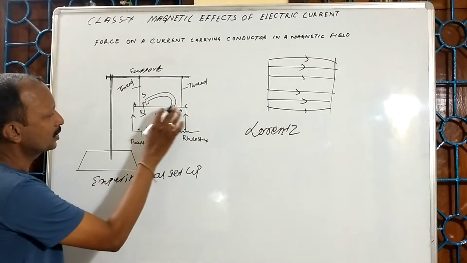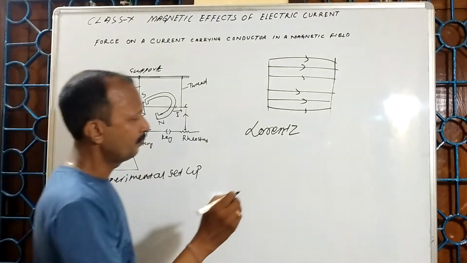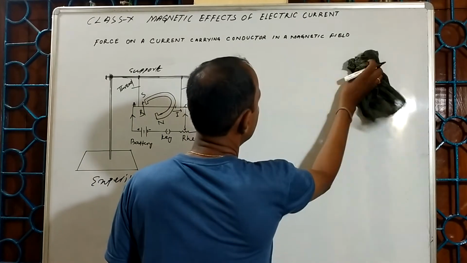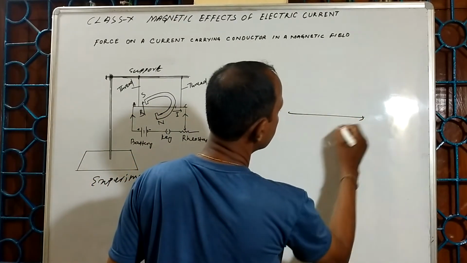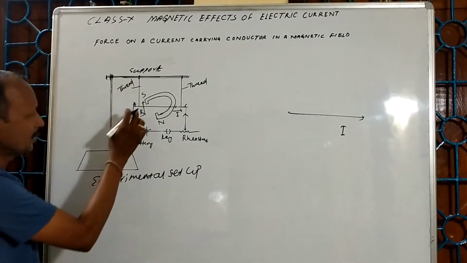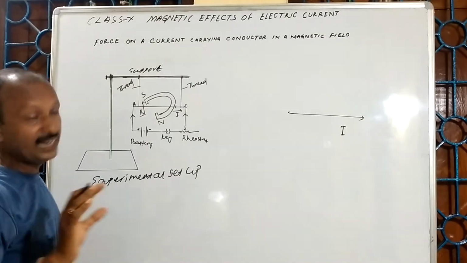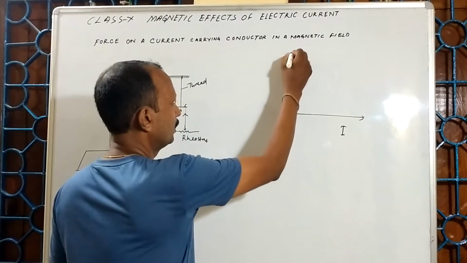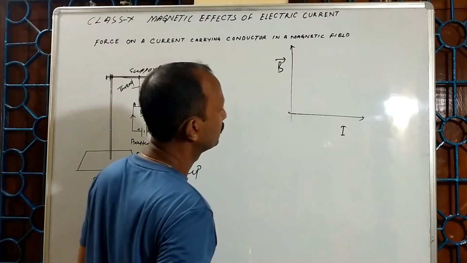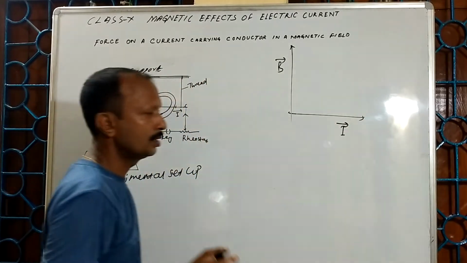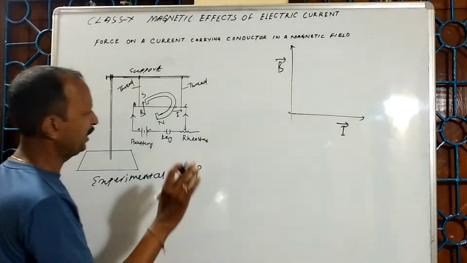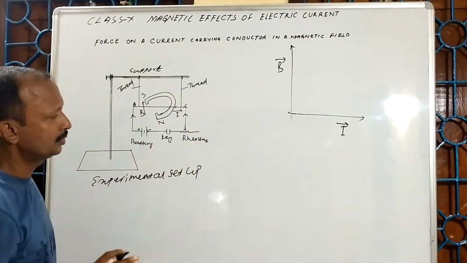So definitely this is the direction of the current. This is the direction of the magnetic field. Both are mutually perpendicular, 90 degrees.